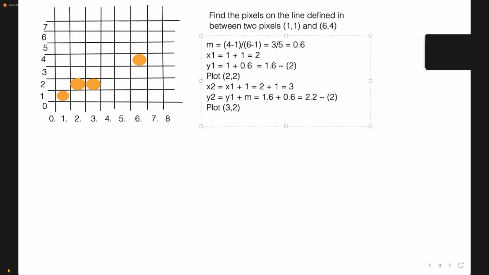And the next one, we again calculate what is x3. X3 we can take as x2 plus 1. x2 is 3 plus 1, 4.